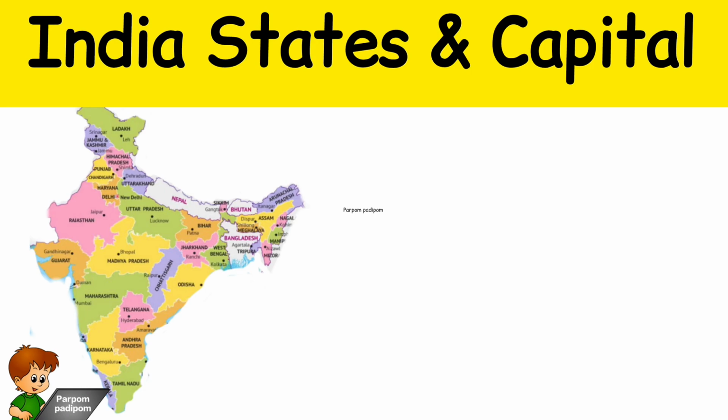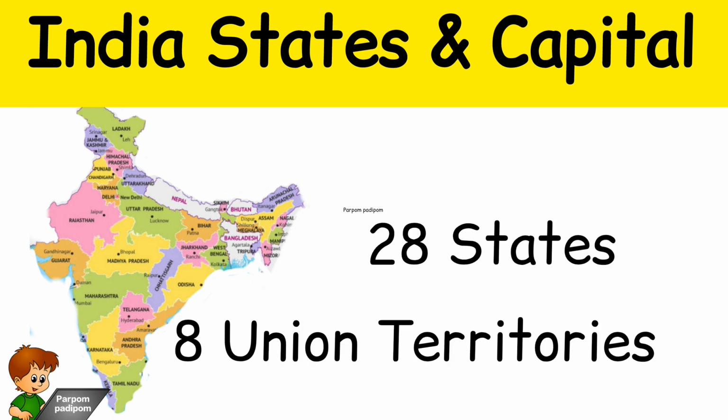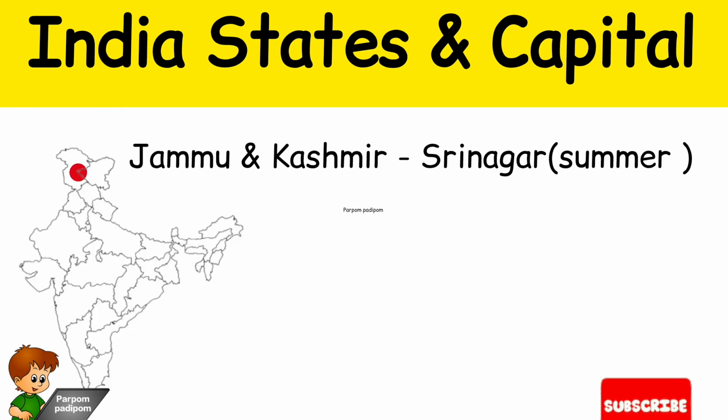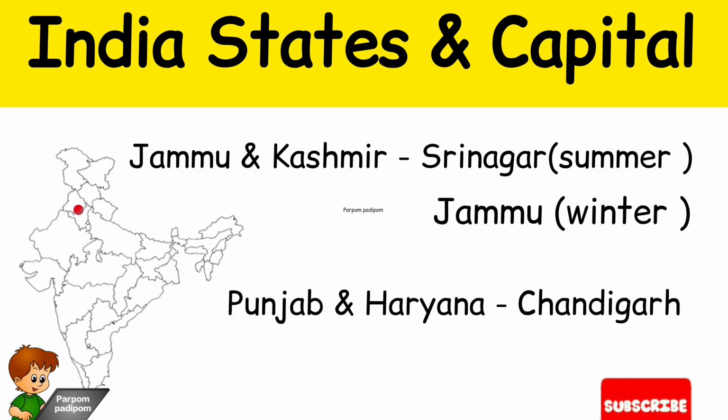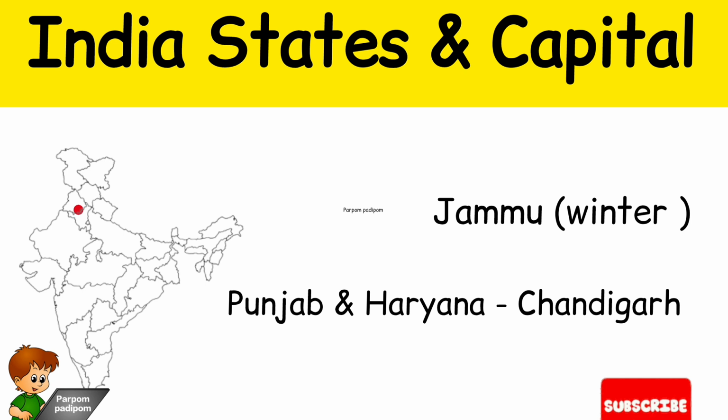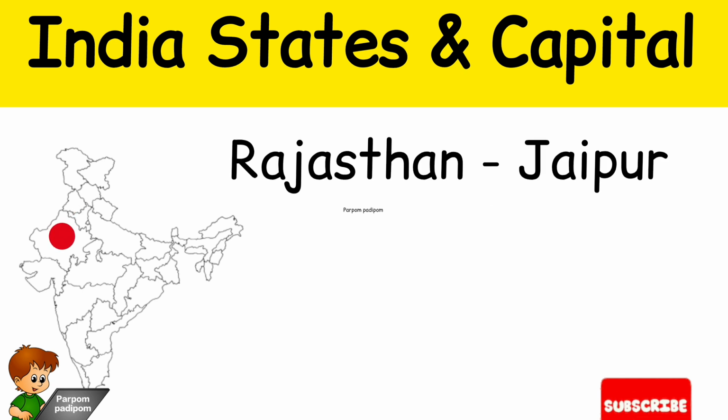Today we are going to see about states and their capital. India has 28 states and 8 union territories. Jammu and Kashmir, Srinagar in summer and Jammu in winter. Punjab and Haryana, Chandigarh. Rajasthan, Jaipur.